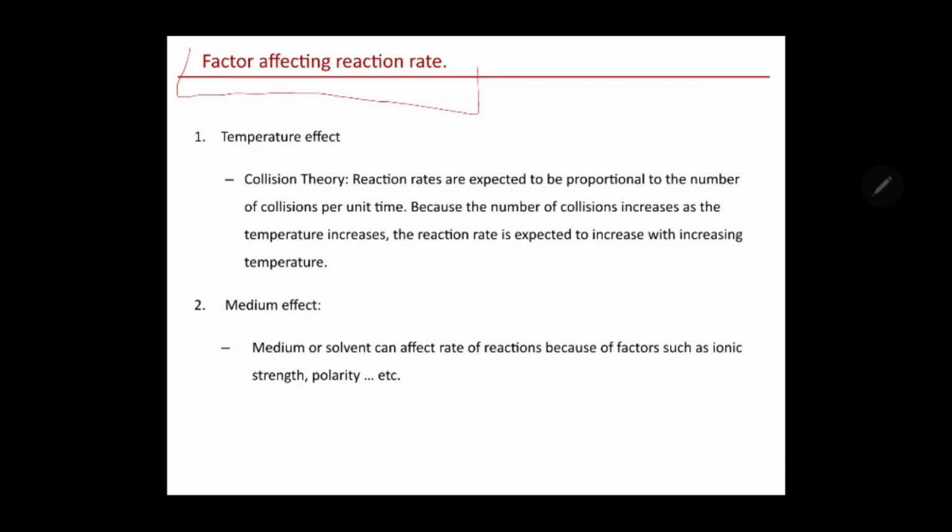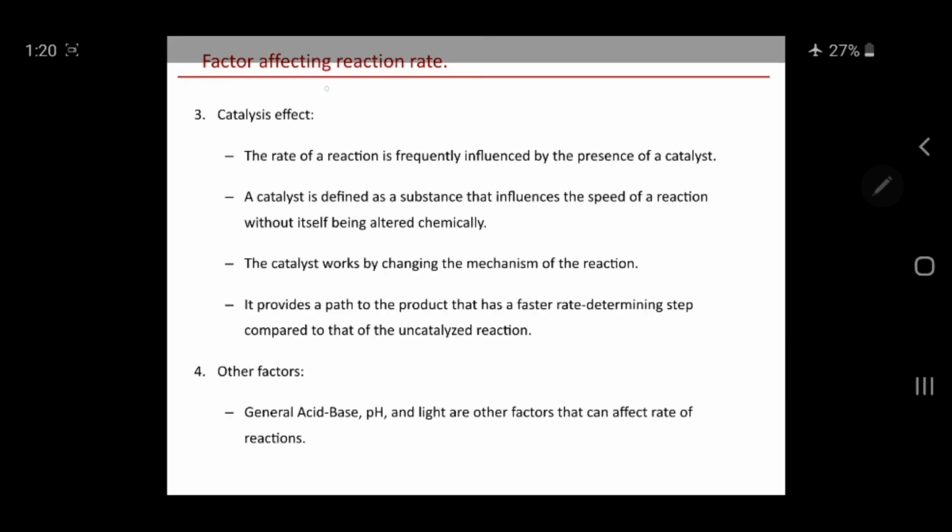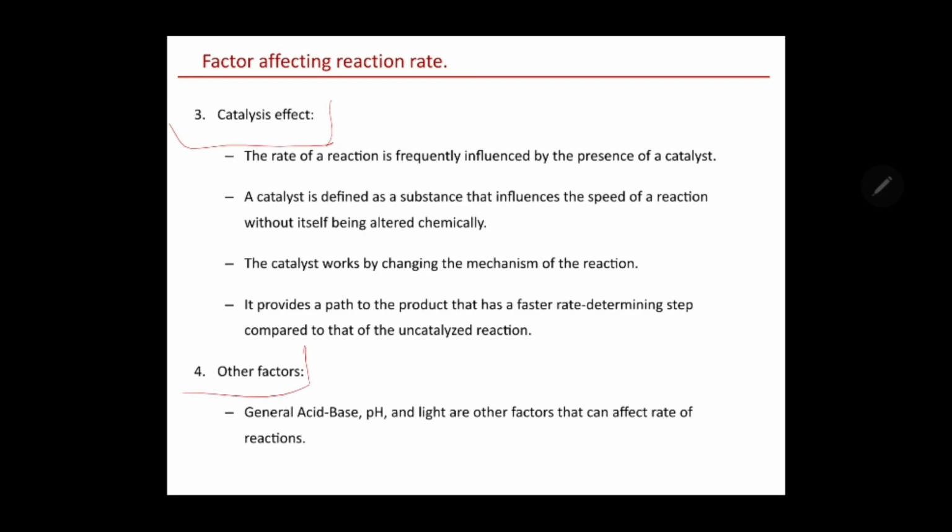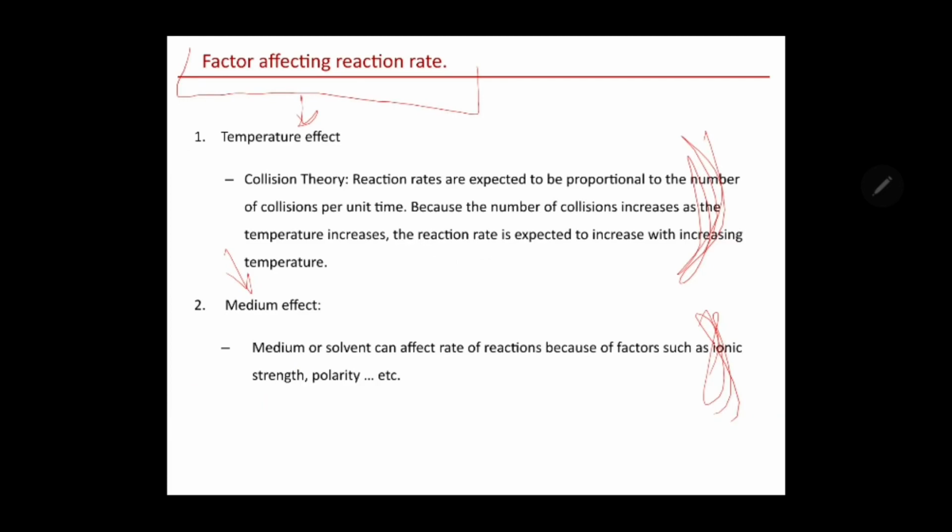We have a few factors that affect the rate of reactions, which we have to consider when we talk about stability of pharmaceuticals, because these all affect many steps in pharmaceutical development, storage, administration, and so on. The factors are temperature, medium effect, catalysis effect, and some other factors, and here there is a brief summary of the effect of these factors on stability.